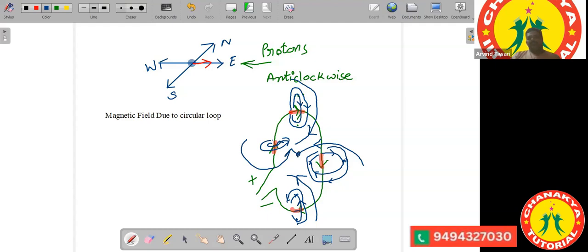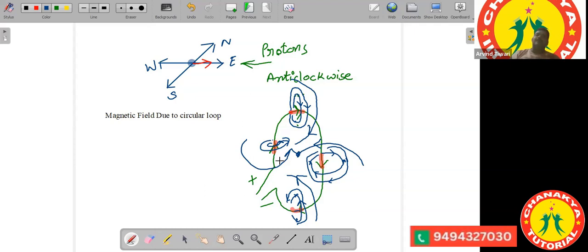So at the center of the circle, all the magnetic field lines are in the same direction. This one is also entering, this one is also entering. So all the magnetic field lines are entering at the center in the same direction, right?